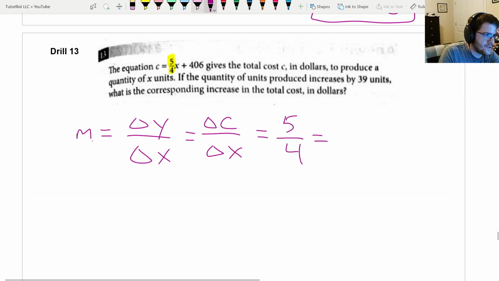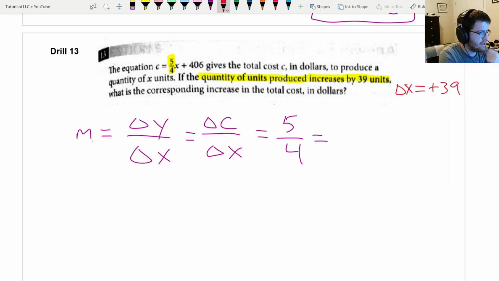And then they tell us if the quantity of units produced, that's our x, I think, increases by 39. So this part is telling us that delta x increases. Delta x is positive 39. The change in x is positive 39. So that's going to go on the bottom because x is on the bottom.